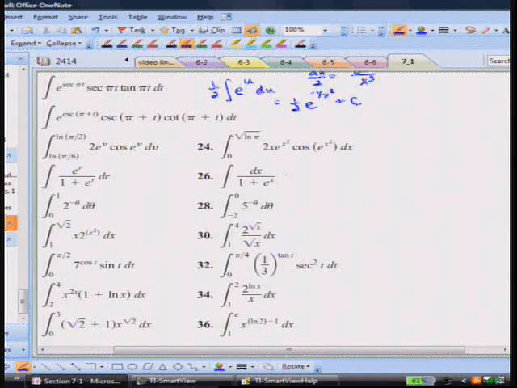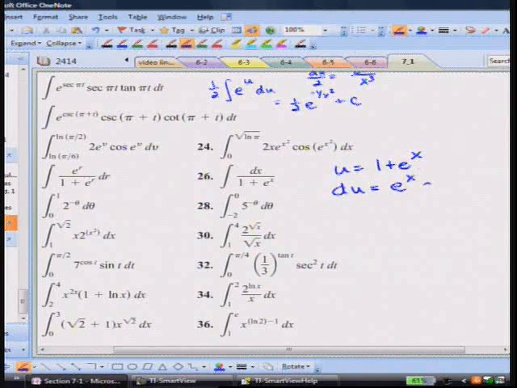For 26, do you guys have an idea of what you would do on 26? You're going to let u equal 1 plus e to the x? All right, and then du is going to be what? e to the x dx.